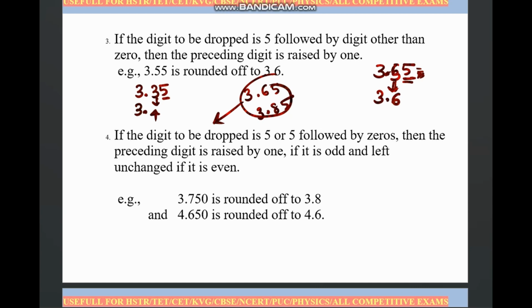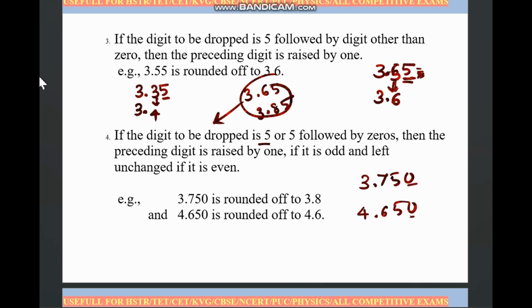If the digit to be dropped is 5, see it carefully, 5 followed by zeros, then the preceding digit is raised by 1 if it is odd and left unchanged if it is even. See in this case, here it is 3.750 and one more number 4.650.